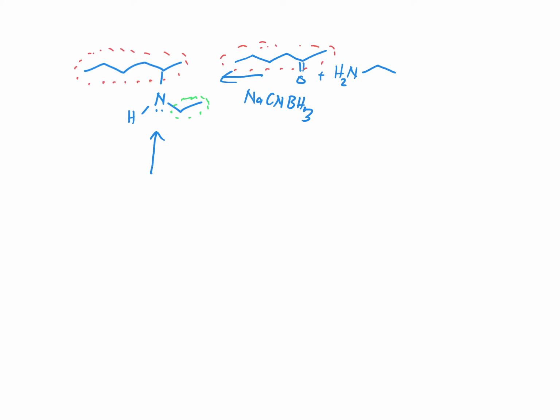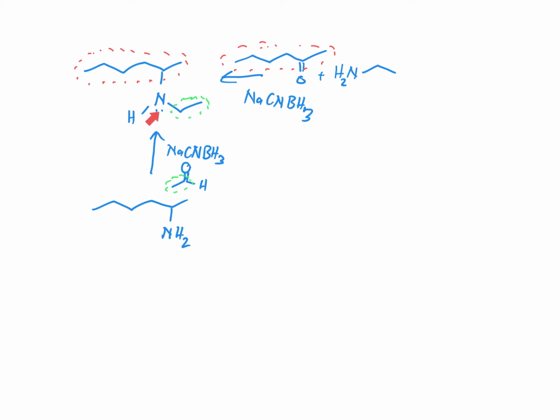And so we could go at it from this direction, where the amine is actually this amine, 2-aminohexane, and we add sodium cyanoborohydride, and in this case it would be a 2-carbon aldehyde. I know it's an aldehyde because it's basically attached at the end of the carbon chain, as opposed to this one encircled in red, it's attached in the middle of the carbon chain. That told me it was a ketone.